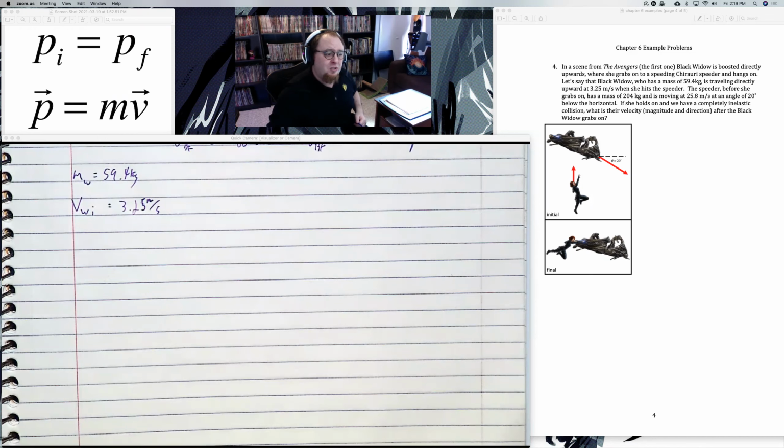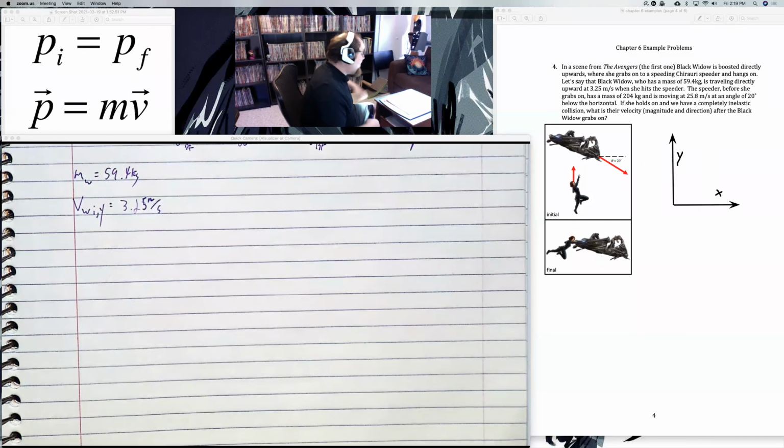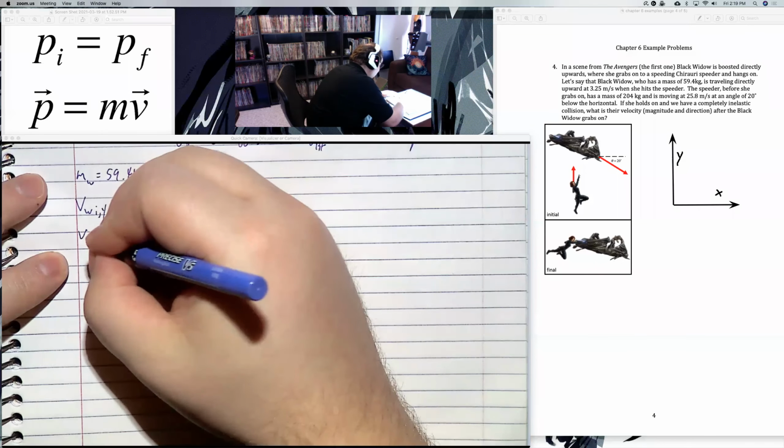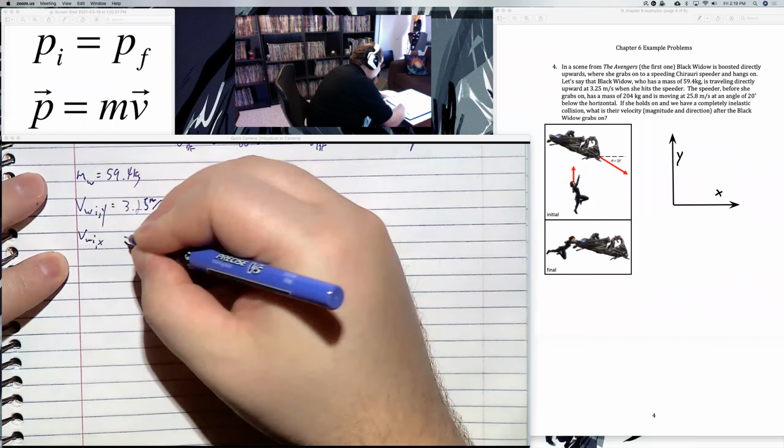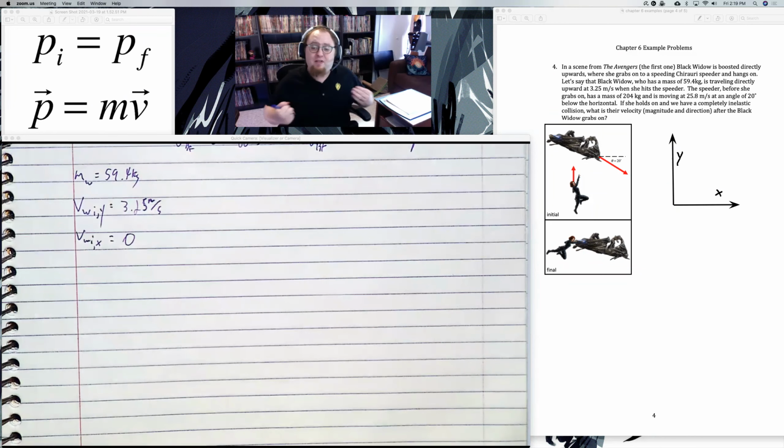If I compare this to a standard coordinate system, X, Y, she's traveling in the Y direction. So the velocity of Widow initial is in Y. She's not moving side to side at all. So the velocity of Widow initial in X, or Vwix, will be 0 because she's traveling straight up.